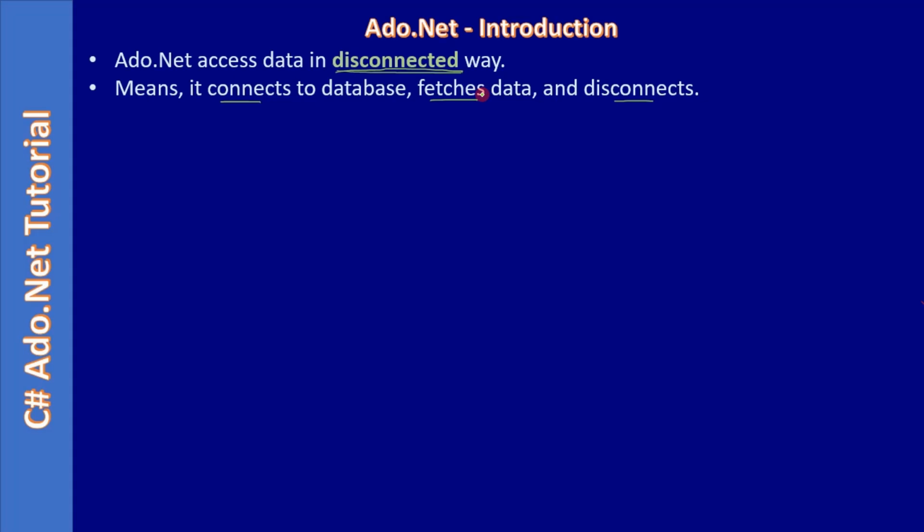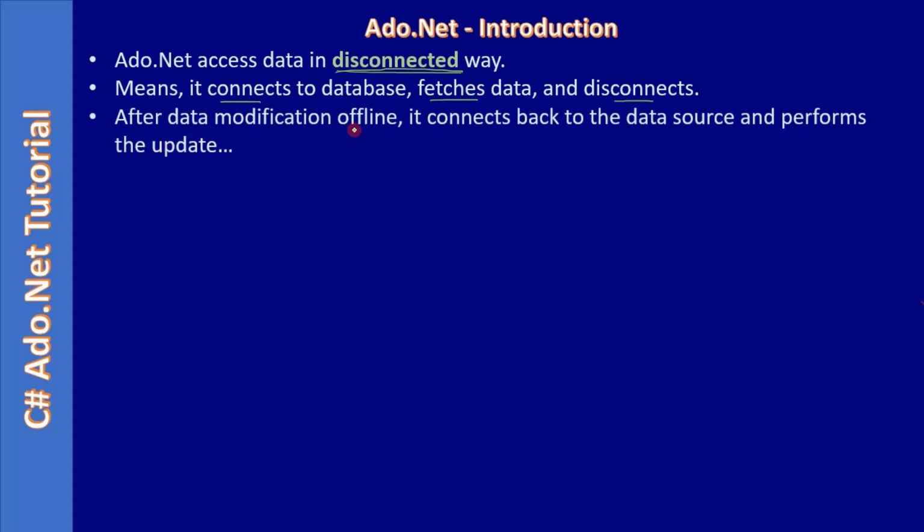You can still use the ADO.NET framework APIs to manipulate the data, but when you are manipulating, remember that you are working with the offline data which was already fetched, right? So after data modification offline, it connects back to the data source and performs the update.